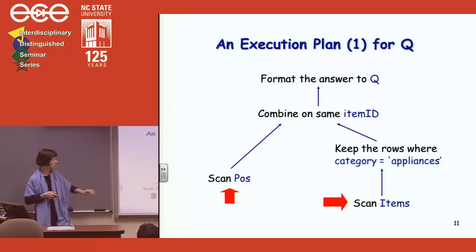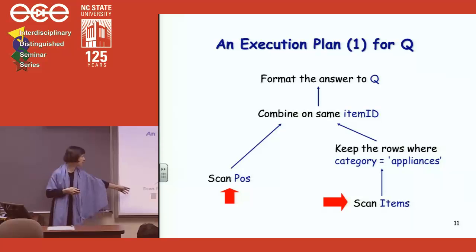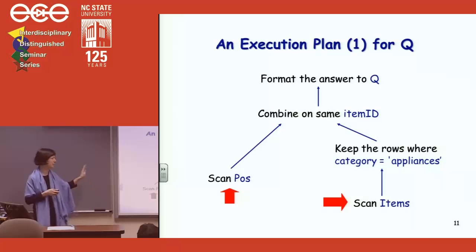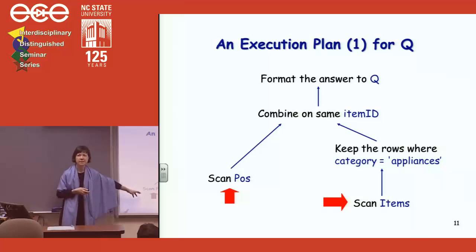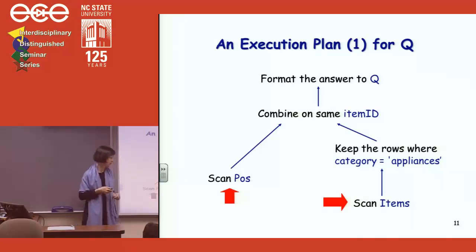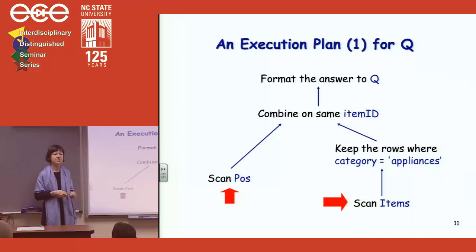You could look at all the rows in the table point of sale transactions, relevant or irrelevant, doesn't matter. The arrow here says that this is not a very efficient way of finding the rows that are relevant to this answer. Then you also look at all the rows of the items table, and again the red arrow says that maybe you could do it in a more efficient way.